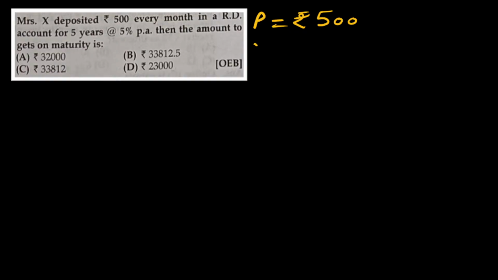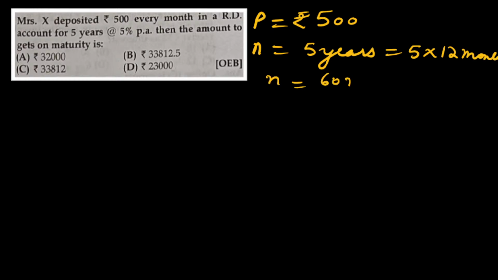So what is the value of n we'll get? n is equal to 5 years here. We have to convert years into months. So 5 into 12 months, so n is equal to 60 months. R is given to us as 5%.